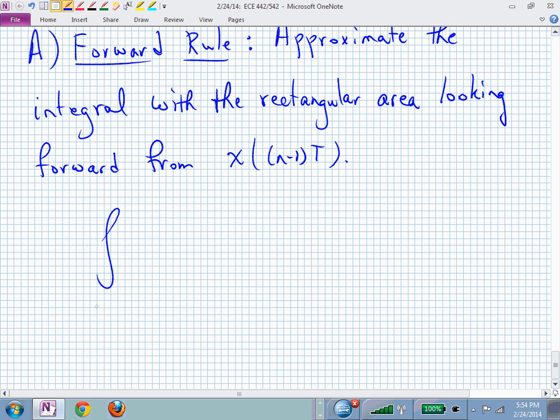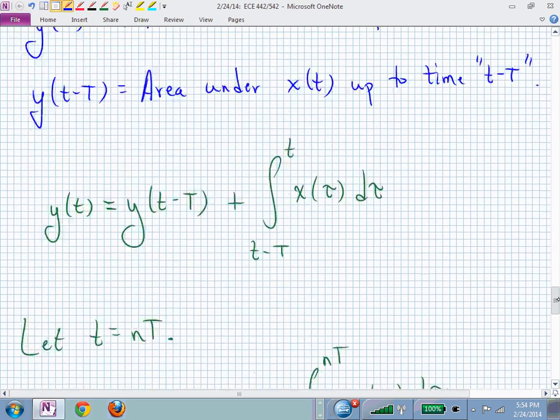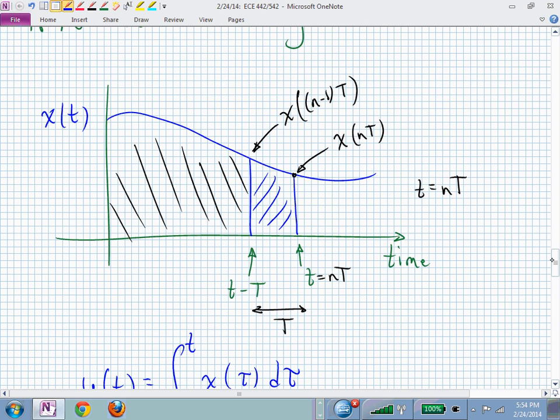Meaning now, when we look at this integral with the forward numerical integration technique, we are going to take this particular point, hold that constant, and that's my rectangle that I'm going to use to approximate the area underneath that blue shaded area.